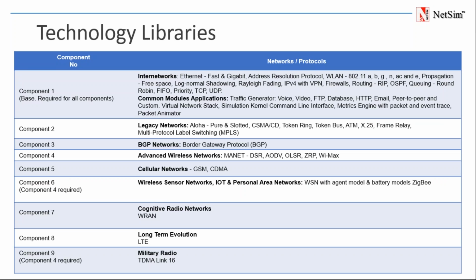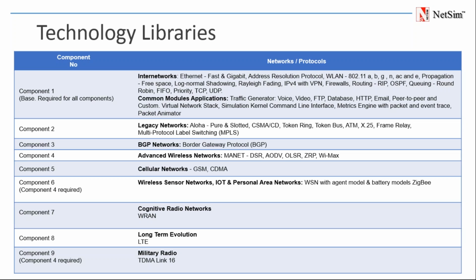Now these are some technology libraries that are given in NetSim. NetSim is divided into some modules or components. Standard users have the option to select among these components. So this is a list of the content of each component and their corresponding IEEE standards.